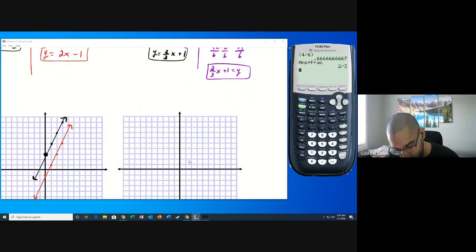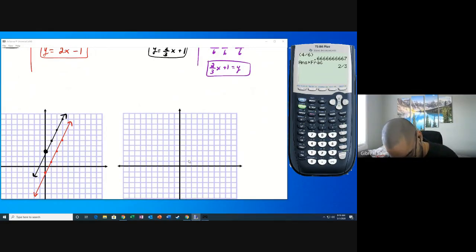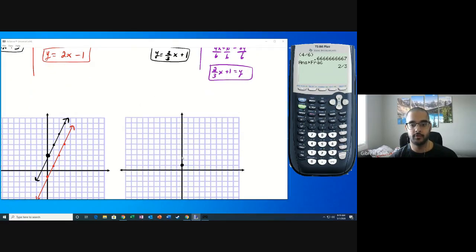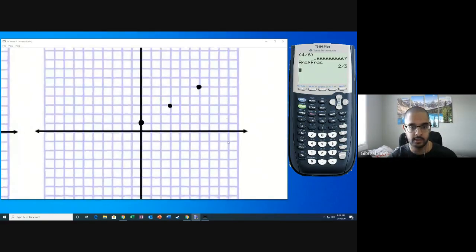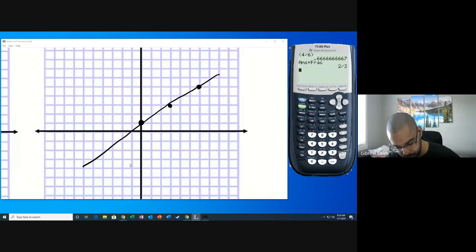So we'll do the one in black, y-intercept of 1. Slope is 2/3, so we're going to go up 2 from that point, right 3. So 1, 2, 1, 2, 3. Okay, so there's enough points. I don't really need to worry about the other direction because I know already that my purple line had the exact same equation.